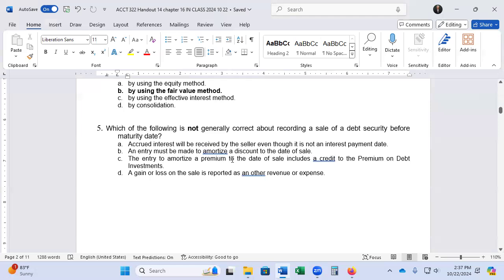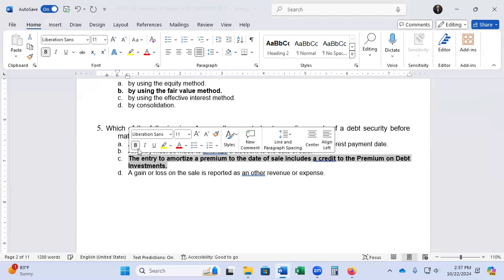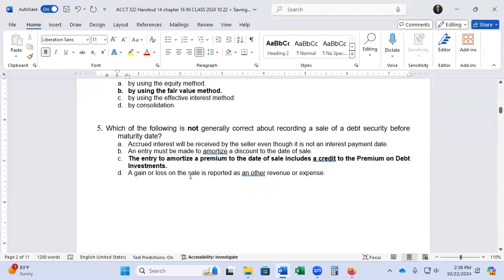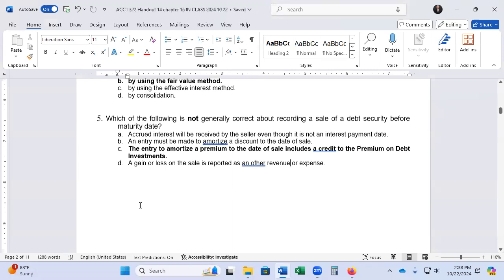The entry to amortize a premium to the date of sale includes a credit to the premium on debt investments. And so this is incorrect. And a gain or loss in sale is reported as an other revenue or expense. Any questions about those preliminary questions?